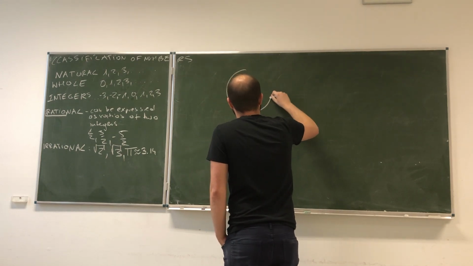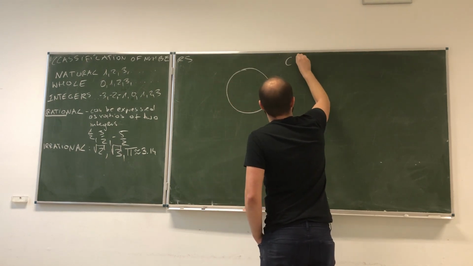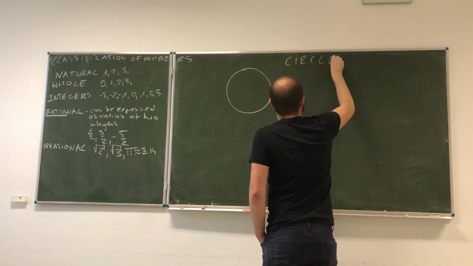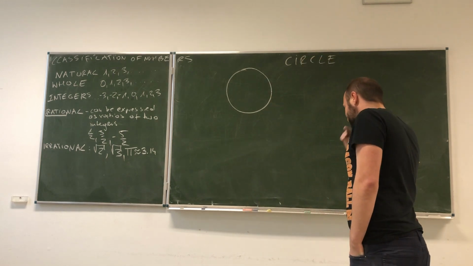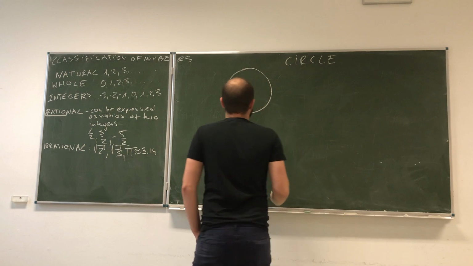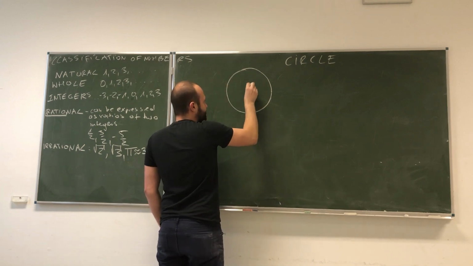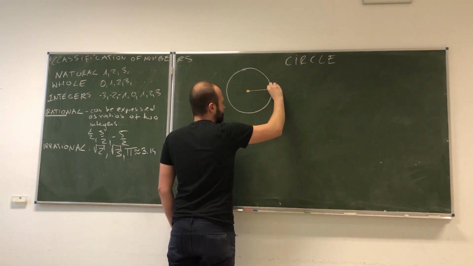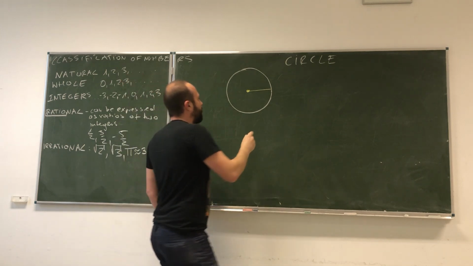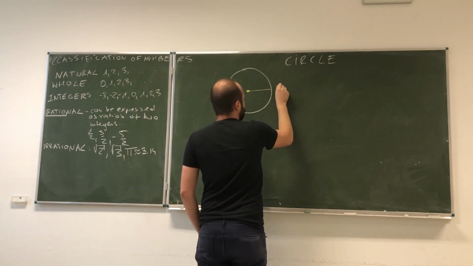So let's imagine that this is a perfect circle. And let's see, what do we have in this circle? The line from the middle to the side we call radius.